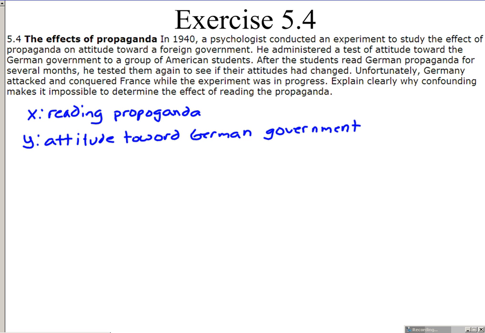The problem is that during the experiment, we have this lurking variable, which we can call z, which was that Germany attacked and conquered France.